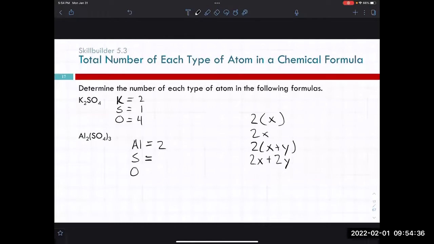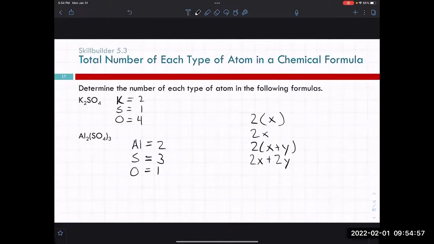So the 3 applies to the sulfur, but it also applies to the oxygen. So we just multiply the things inside by the number of the subscript for that polyatomic ion. So sulfurs, we have 3. How many oxygens do we have?